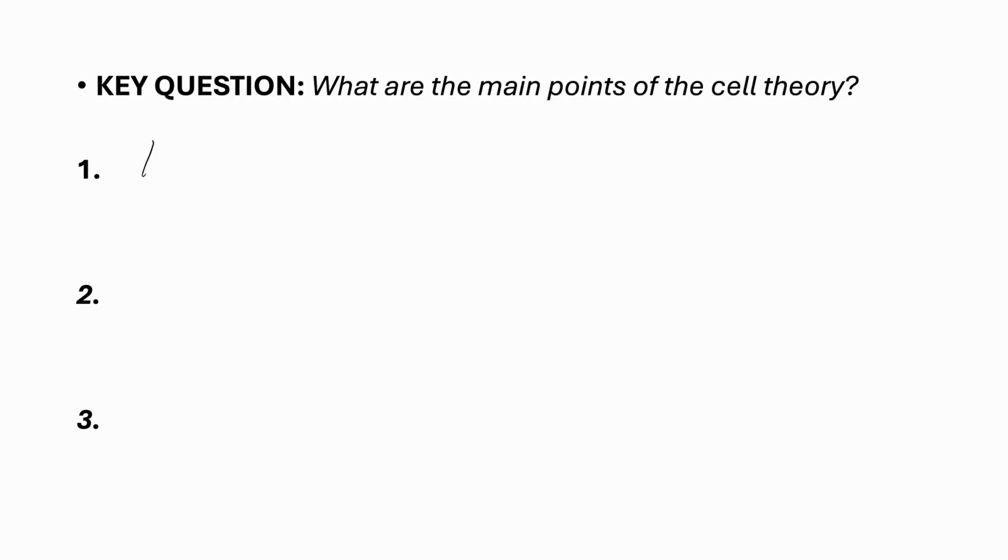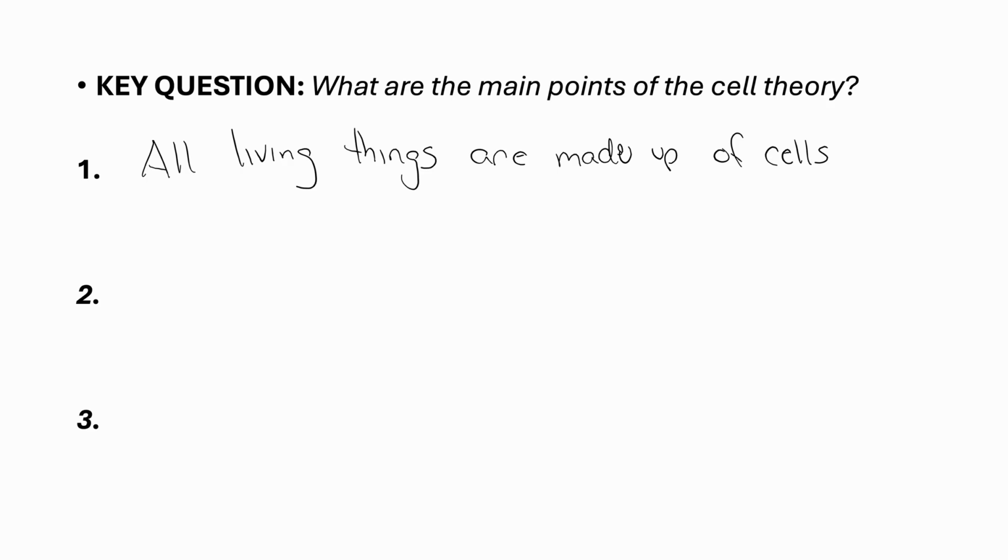So, the cell theory is composed of parts. All living things are made up of cells. In other words, if something is alive, it's made of cells. Number two is that cells are the basic unit of structure and function.